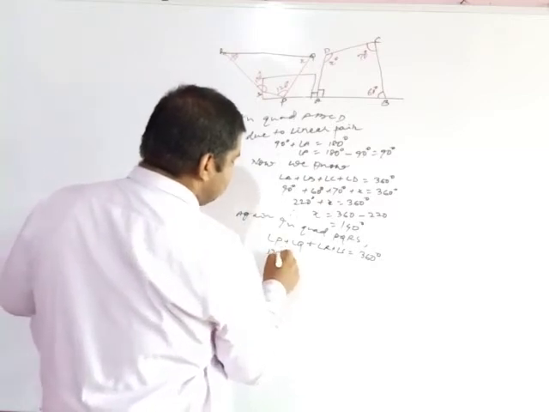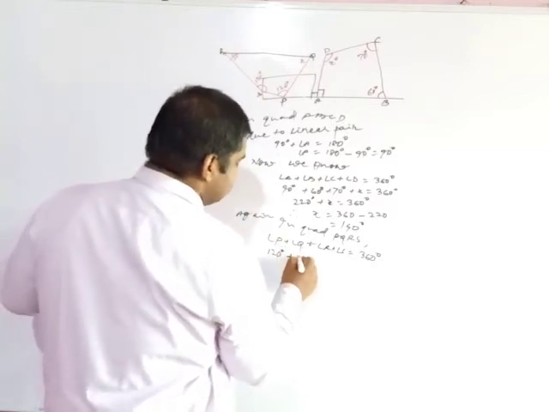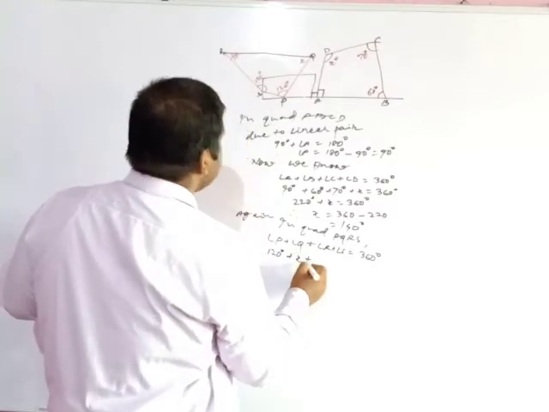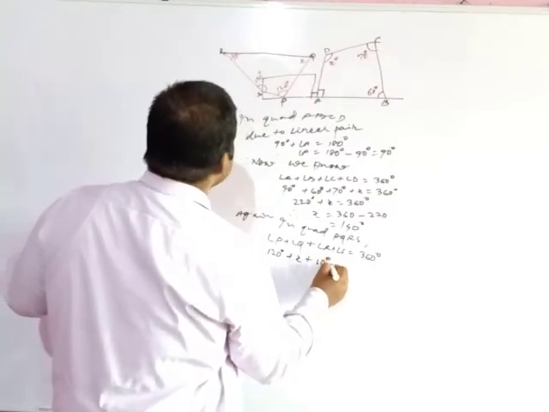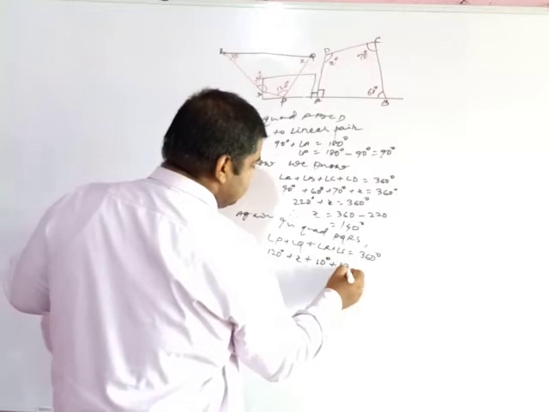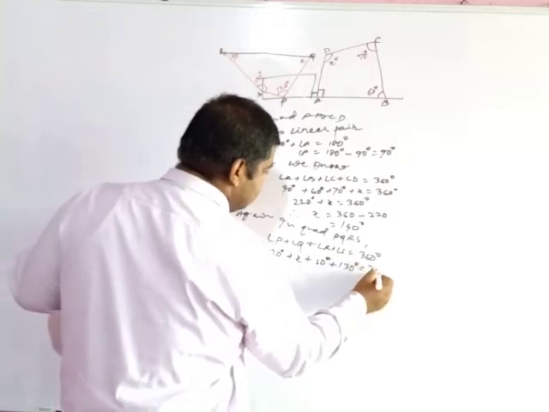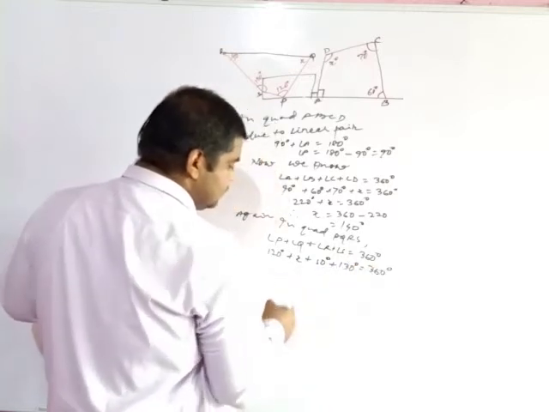Angle P is equal to 120, Q is x, R has been given 50 degree, S is given 130 degree, and the sum is equal to 360 degree.